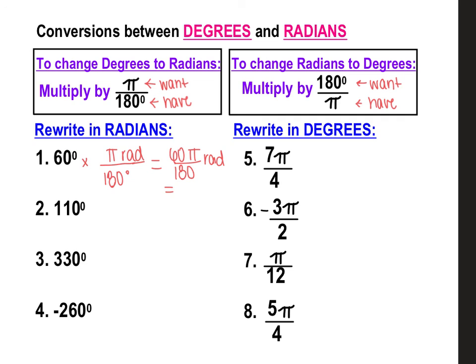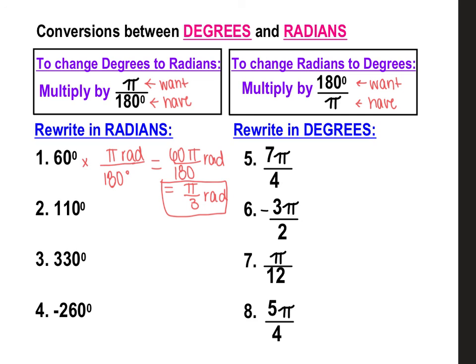You don't even have to use pi as a value here. Pi can stay similar to a variable. It can stay pi. So when we do this, we actually get 1/3. So we would get 1 pi over 3 radians. Okay, so that's how we go from degrees to radians.